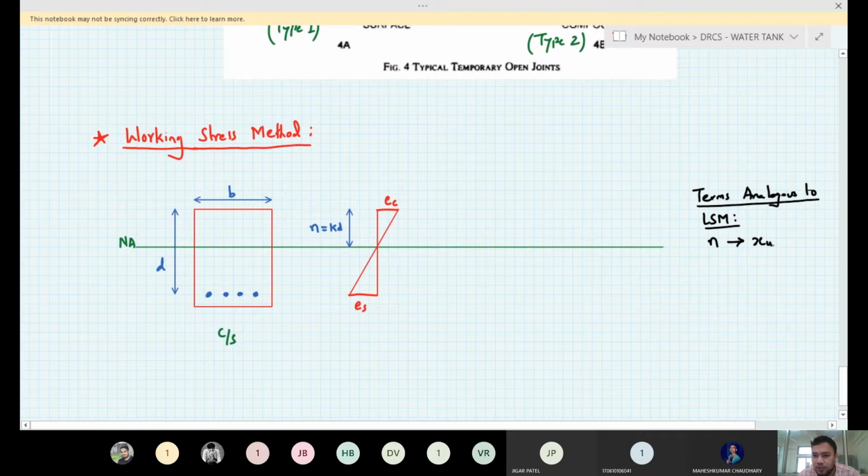Wherever you use xu in the limit state method, here we will denote this by n, where n is equal to k times d. If you remember, xu was the neutral axis depth, and the k factor is nothing but xu by d. So this k is nothing but your neutral axis depth factor, which is xu by d.